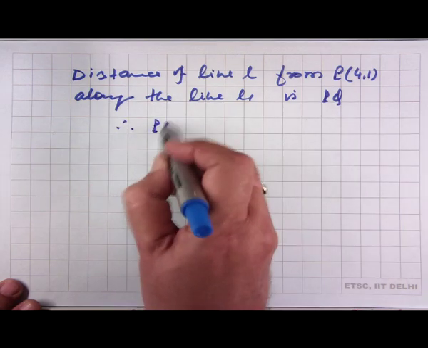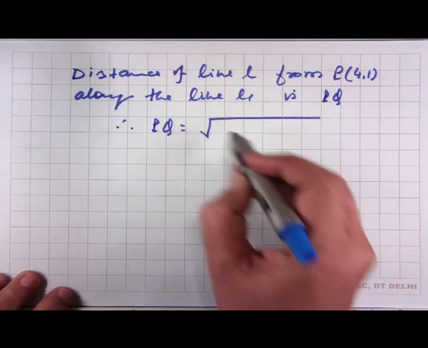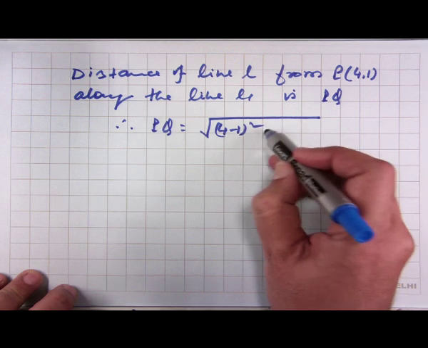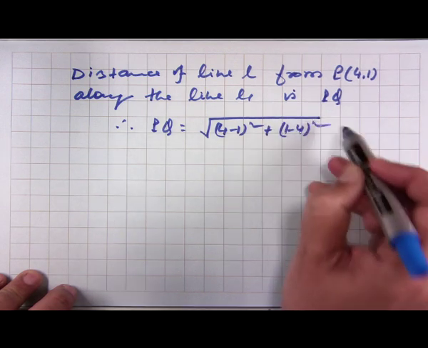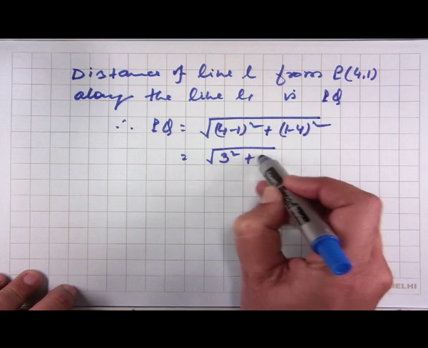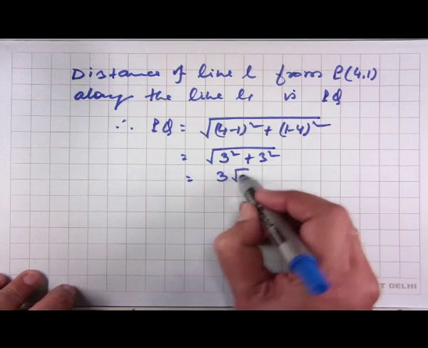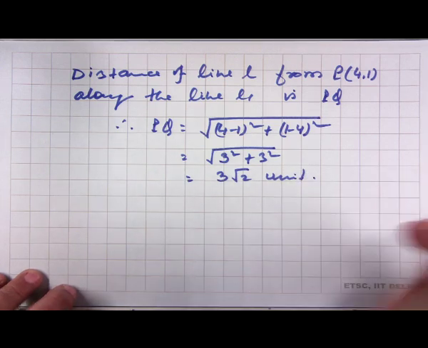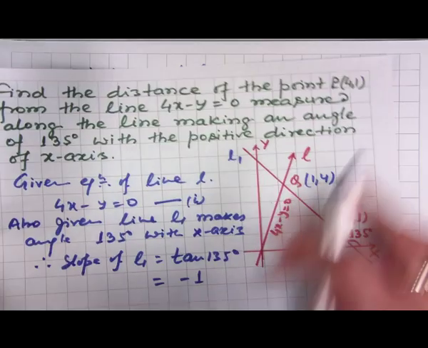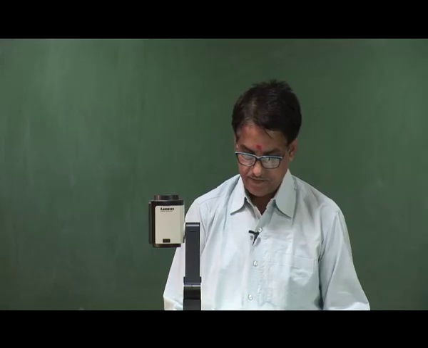So PQ equal to the square root of (4 minus 1) whole square plus (1 minus 4) whole square. It means 3 square plus 3 square. So 3 root 2 units. So the distance of this line from this point along this line L1 is 3 root 2 units.